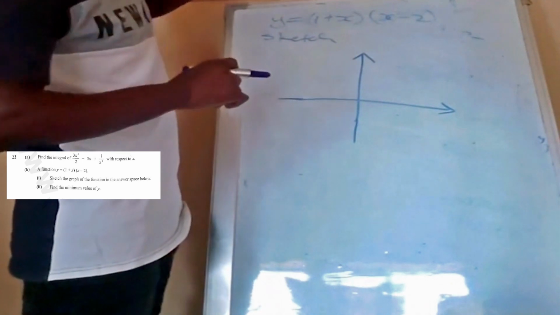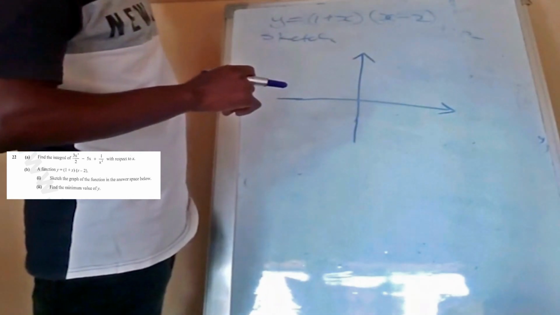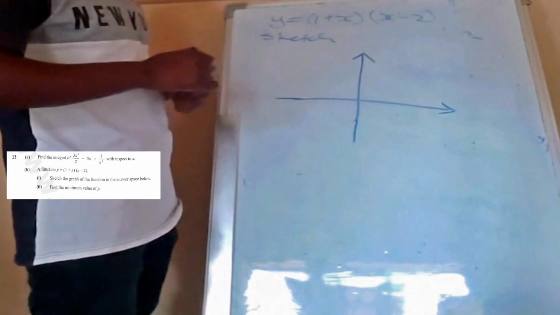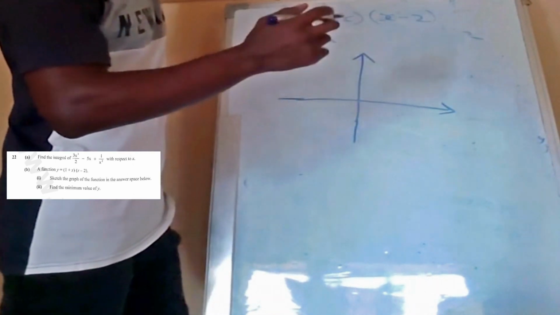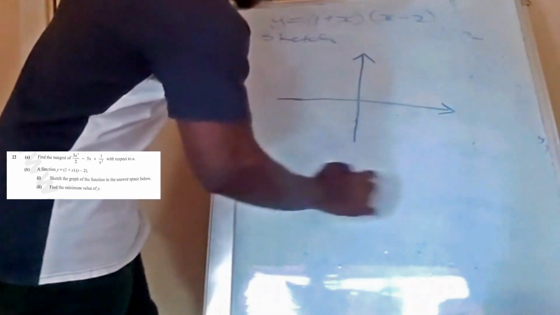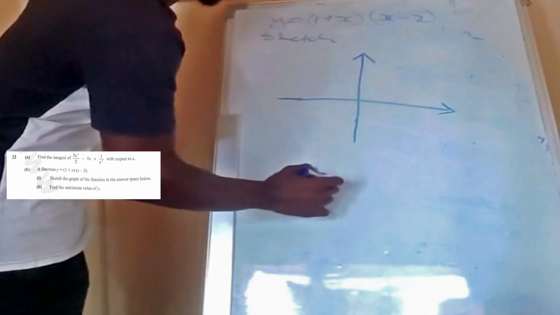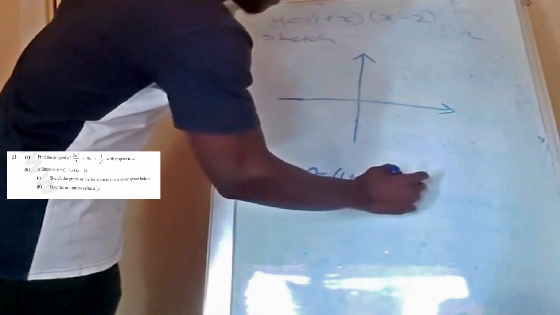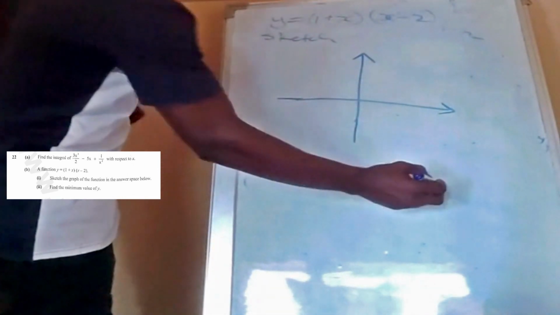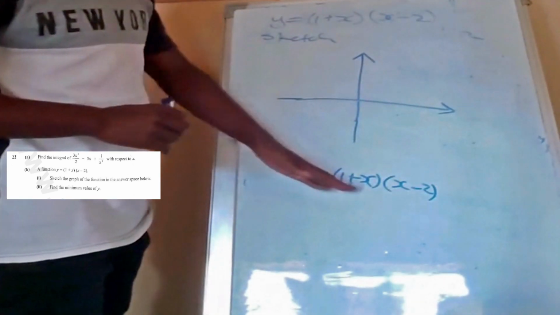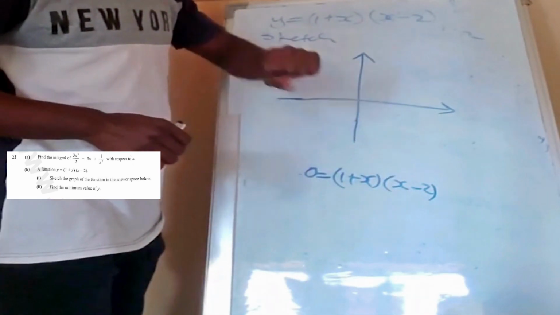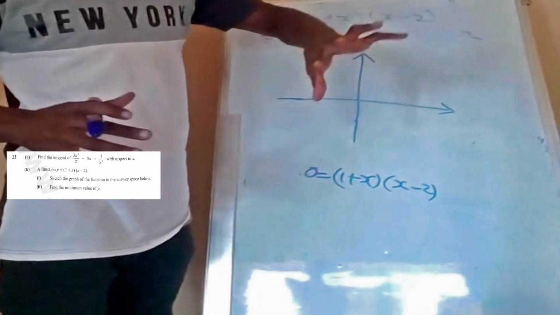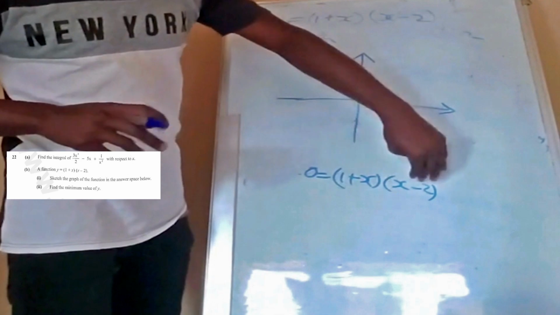So let's start with finding the zeros of x, which means where y is equal to 0. So if y is equal to 0, we've got 0 equals 1 plus x multiplied by x minus 2. For us to get 0 in y, either this or that is 0, because for you to get a 0 upon multiplication, one of the terms you're multiplying must be 0.